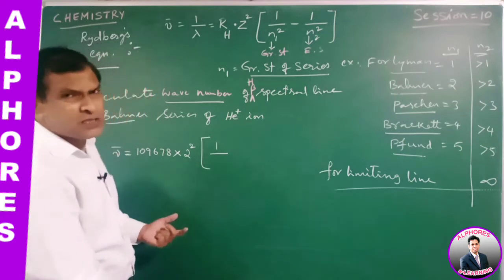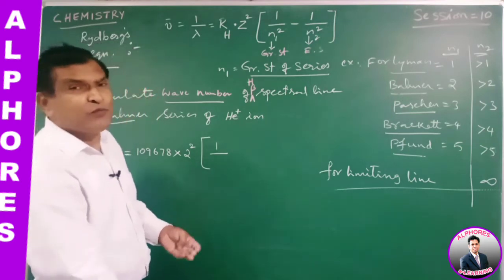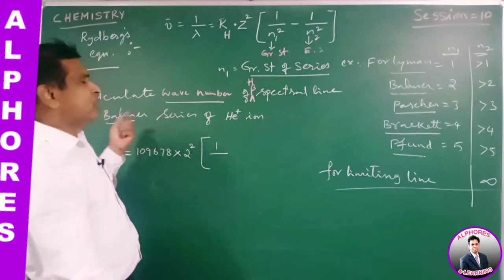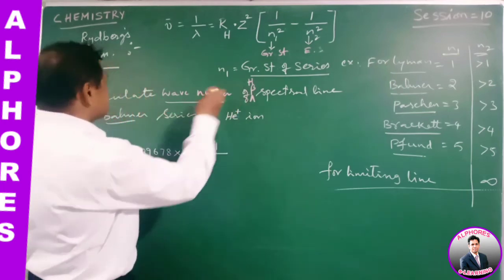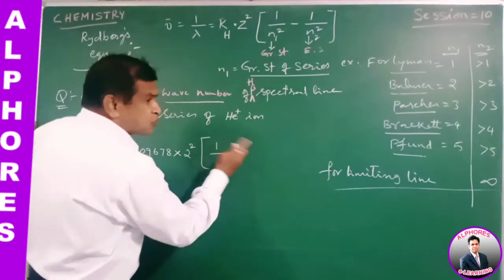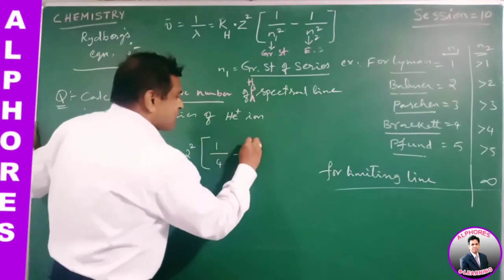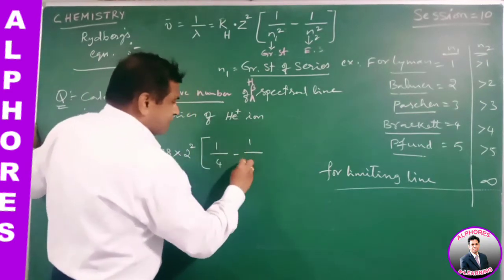H beta means the electron is coming from 4th orbit to 2nd orbit, because it is Balmer series only. So that is 2 square minus 1 by 4 square.